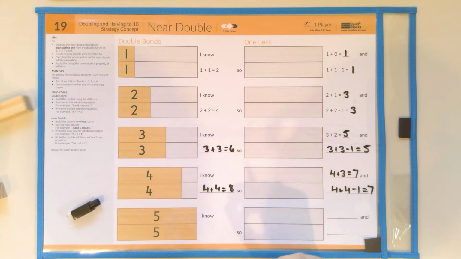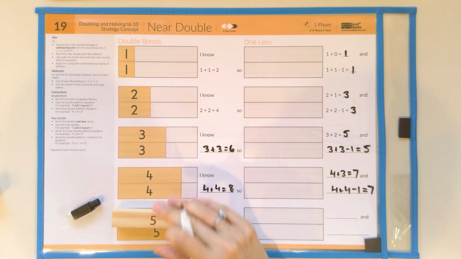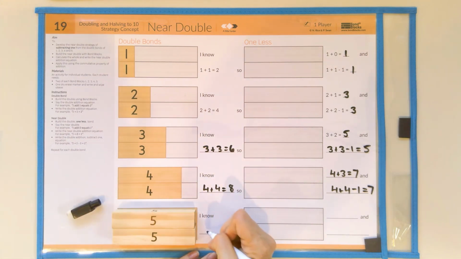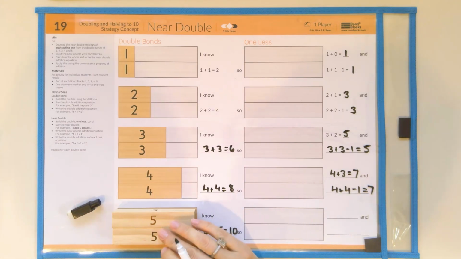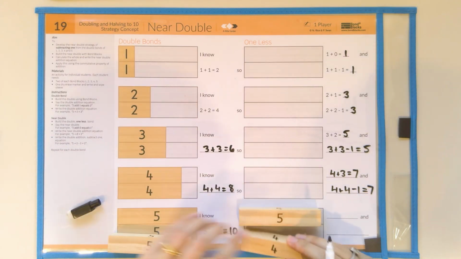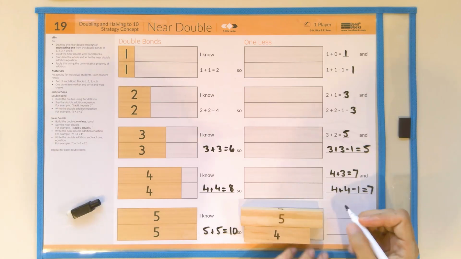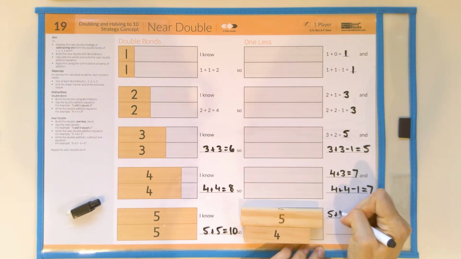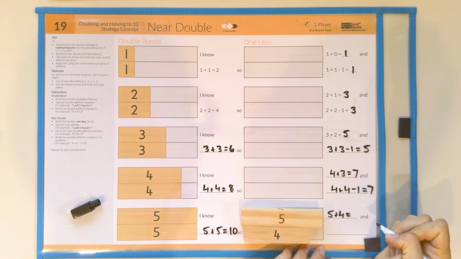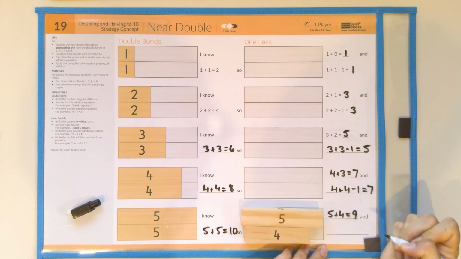And the last one is the double of 5 and 5. I know 5 add 5 is 10. So I know that 5 add 4 is nearly 10, but it's 1 less. So it'll be 9.